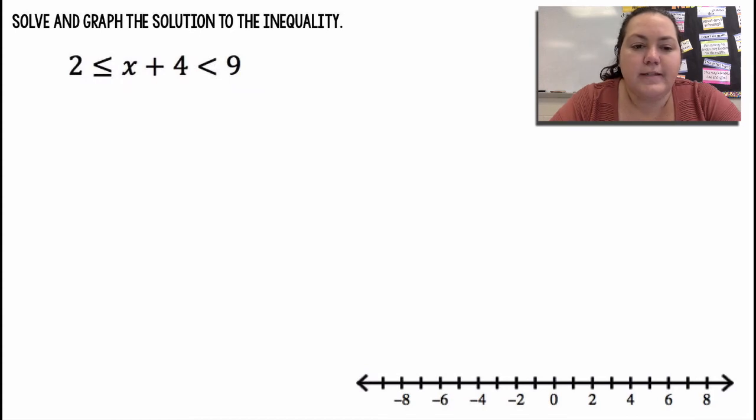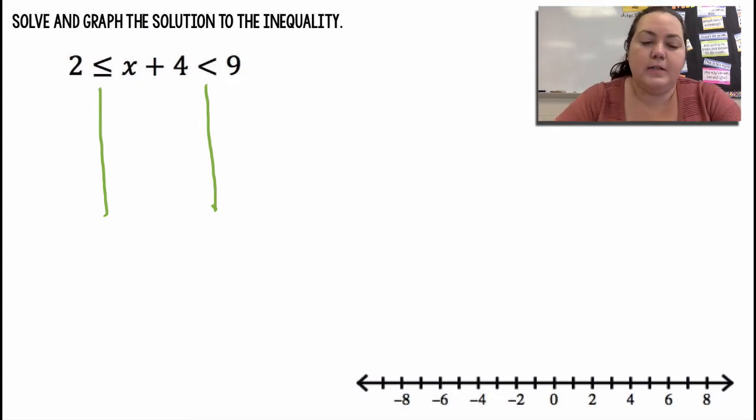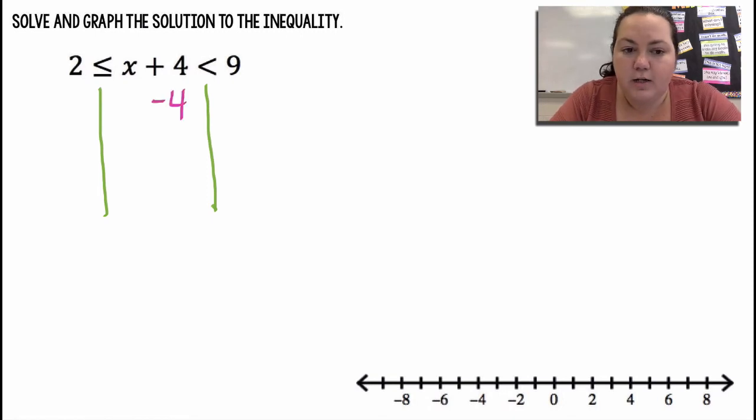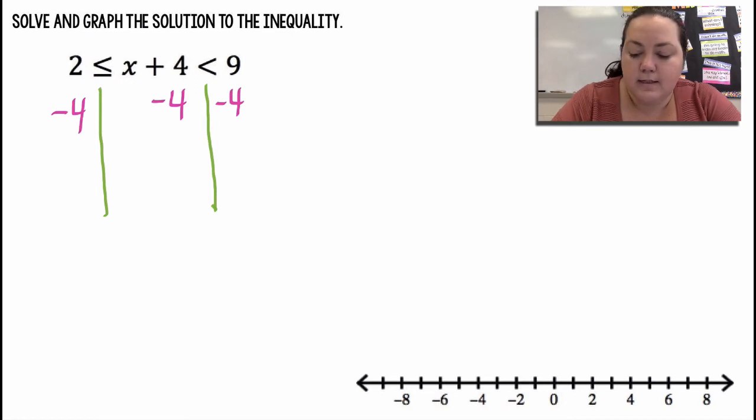The next one, this is an example of an and inequality. So the x plus 4 is in the middle, and I have two inequality signs with numbers on the sides. So whatever I do to one piece, I have to do to all the pieces. So I want to get rid of that plus 4 by subtracting 4. So I have to subtract 4 in all three areas, in the middle, the left, and the right.